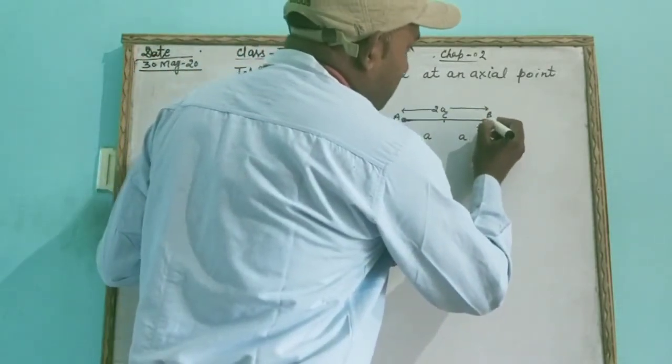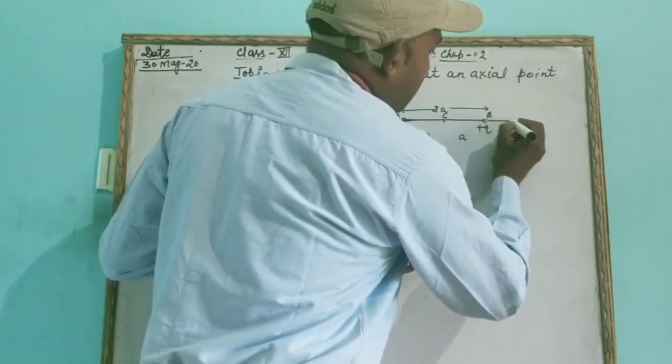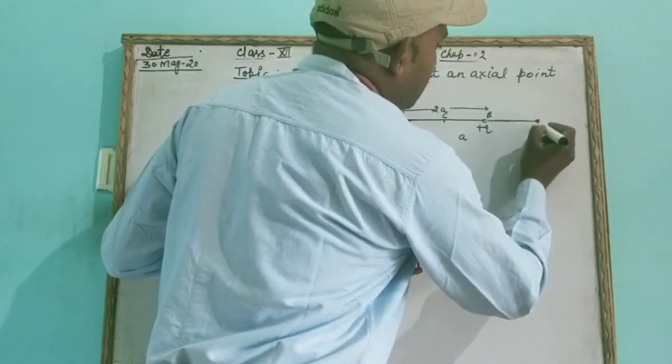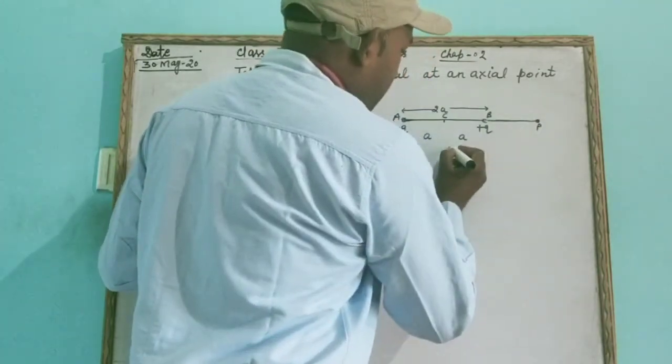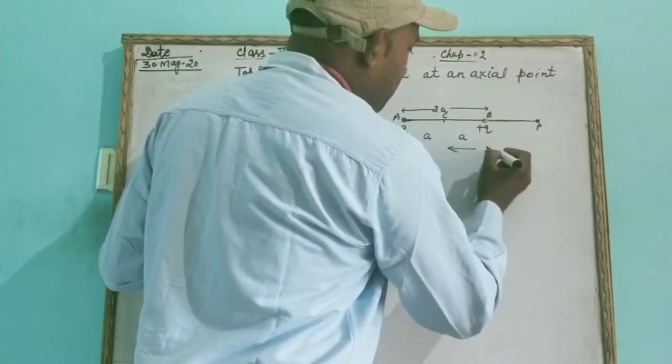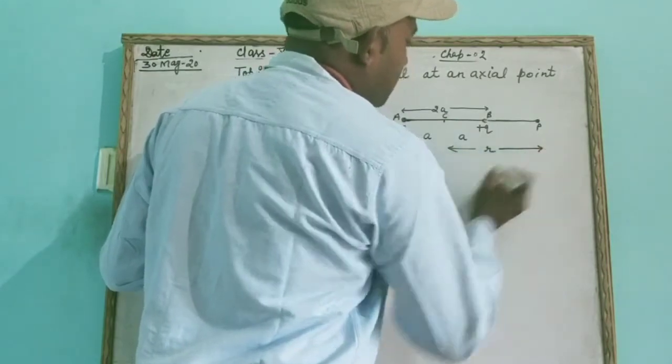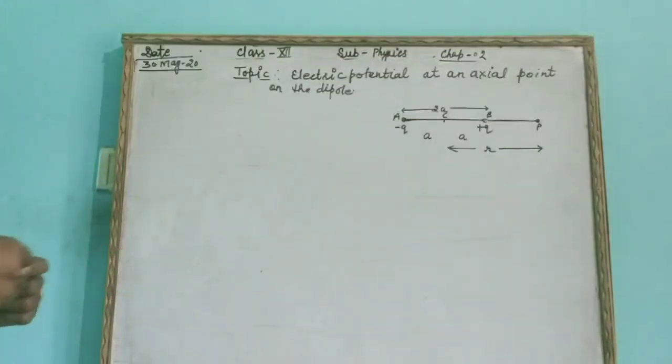Suppose we have to calculate the electric potential at point P at a distance small r from the center of the dipole. This is a diagram of the dipole with an axial point.